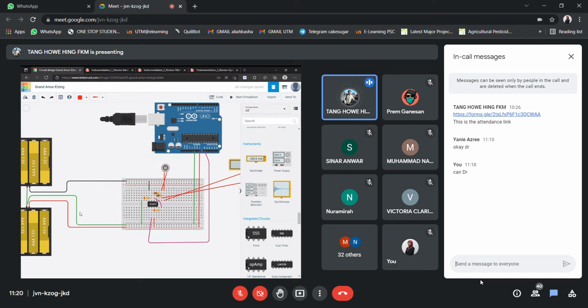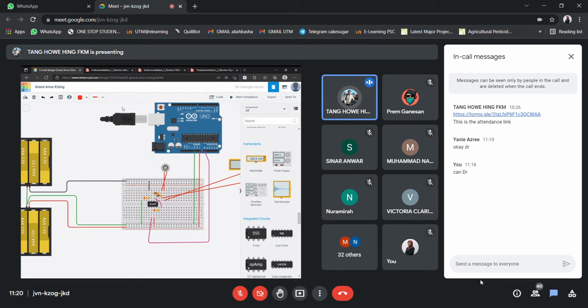In this case, you can see this tray has 4 AAA batteries, so that gives you 6 volt. And 6 volt is already enough to power up the Arduino.